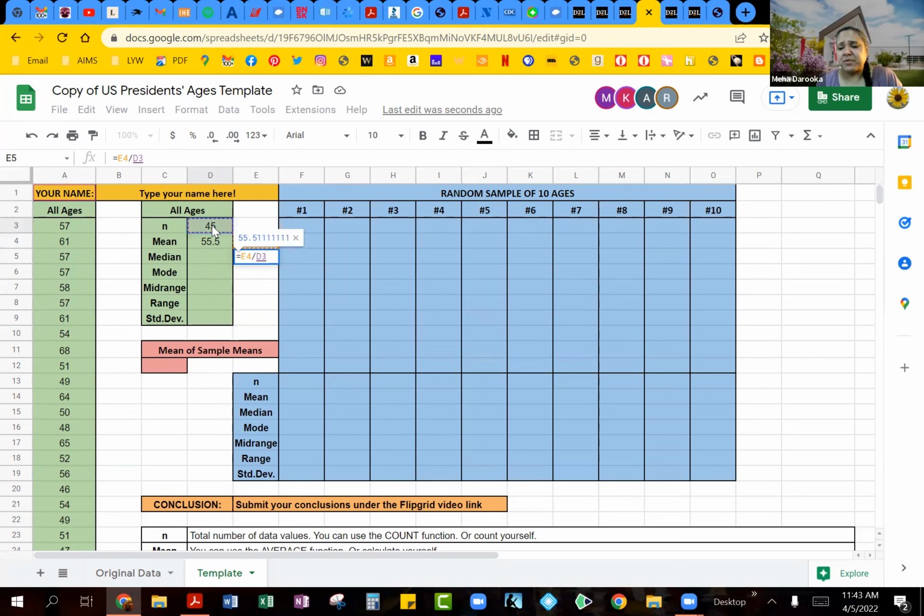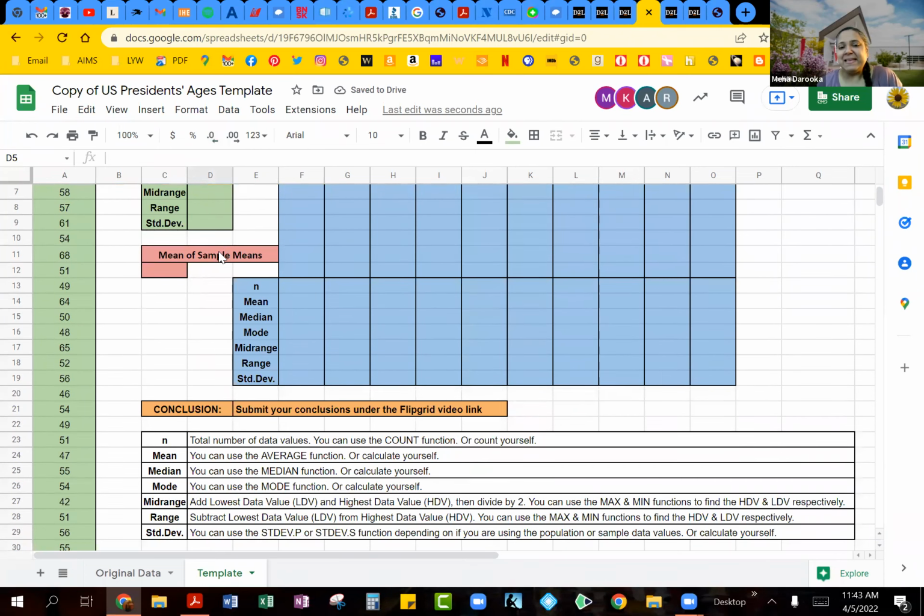Well, 45 of them. So divided by 45, and you will see this number, rounding it to 1 decimal place, comes out the same as when we use the average function. So even doing it the traditional way, we get the same answer. Again, just a quick way to verify that our calculation is on track.